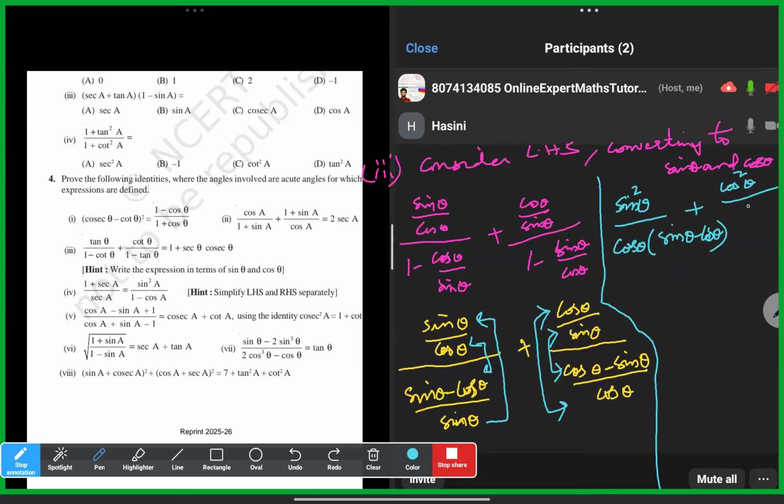So cos square theta by, what will you get, Hasni? Sin theta into cos theta minus sin theta. Okay, Hasni? Okay, sir. Because this part will get that only now.